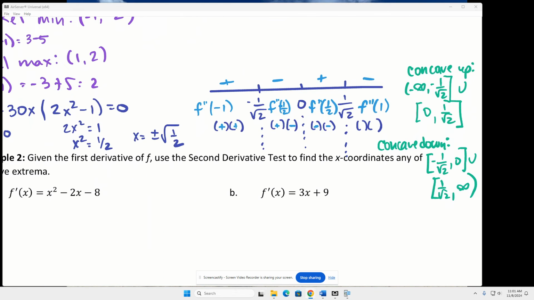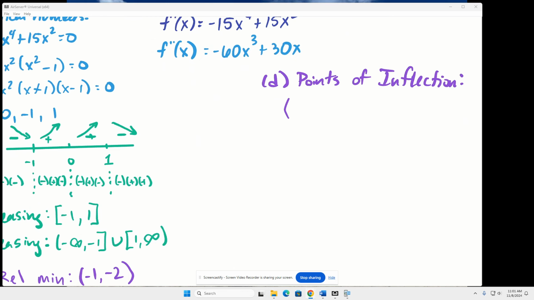So it looks like there's going to be 3 points of inflection because we change sign every time. And looking at my answers, I just used the calculator to find the y coordinates here, except on 0.